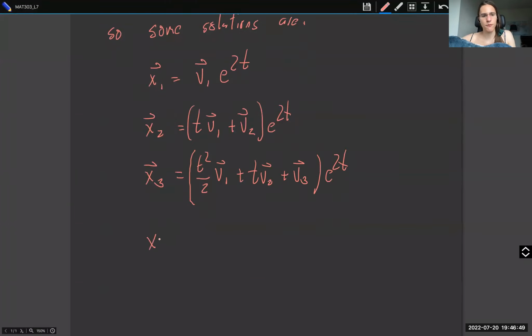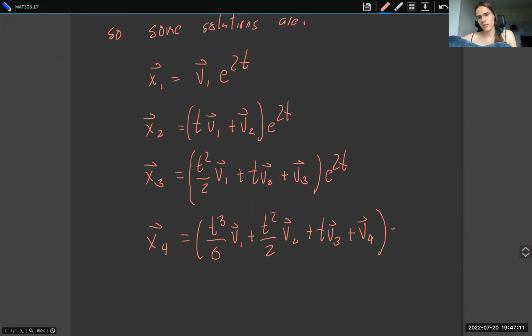And then x4 is going to be (t cubed over 6 v1 plus t squared over 2 v2 plus t v3 plus v4) e to the 2t. Okay, so what we're going to do is we have 4 linearly independent solutions, and we're going to give these constants c, d, e, and f.